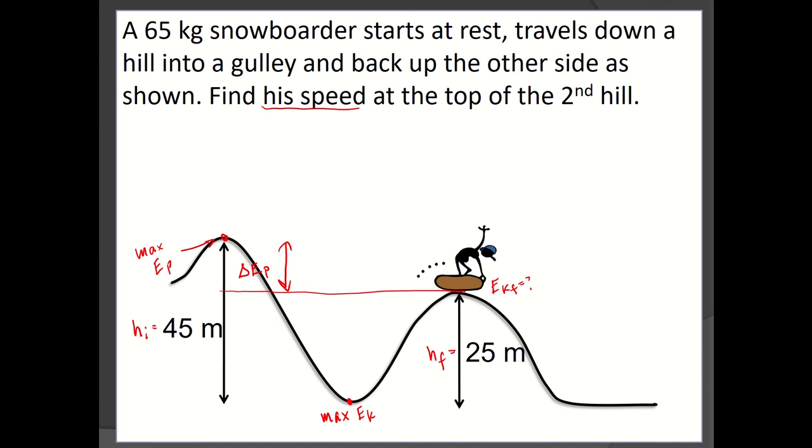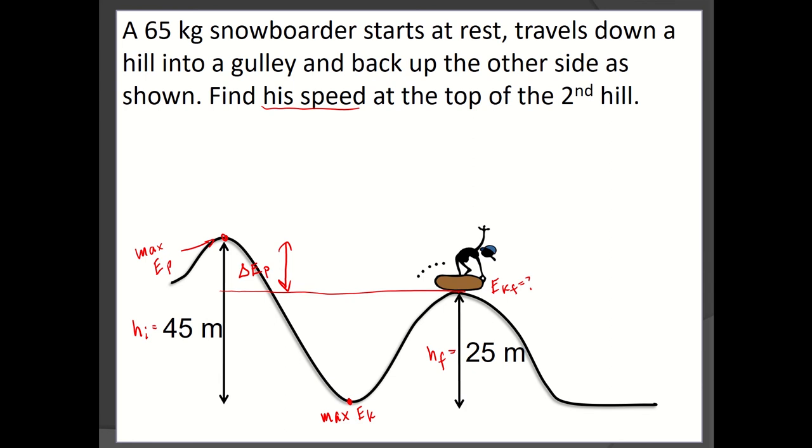Now there are different ways you can approach this problem. You can say that your reference point is going to be the bottom. You can set your 0 to be at the bottom here, or perhaps the easier way is to set this point right here, which is basically the height of the second hill, as your 0. Again, it's up to you how you want to solve this, and this just happens to be a little quicker because at this point we are able to remove some of the energies.